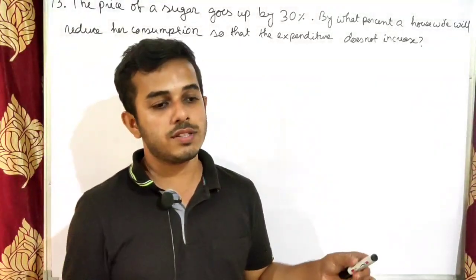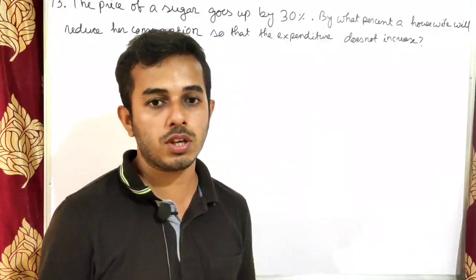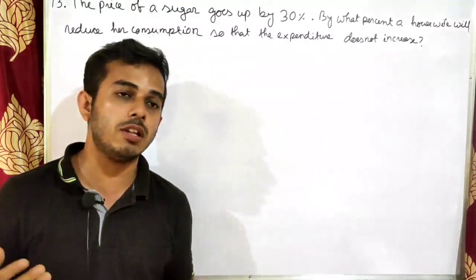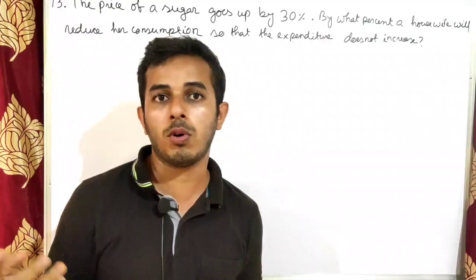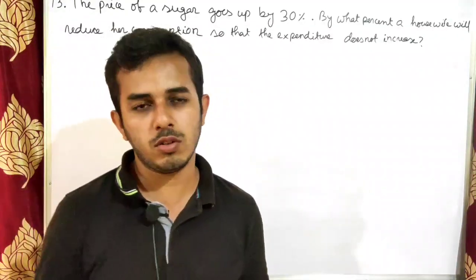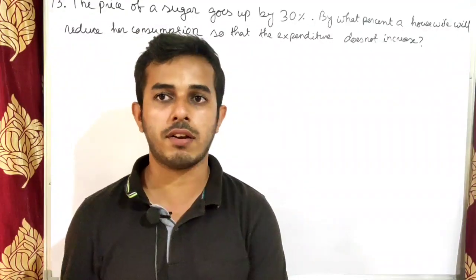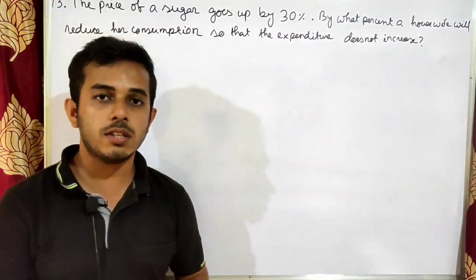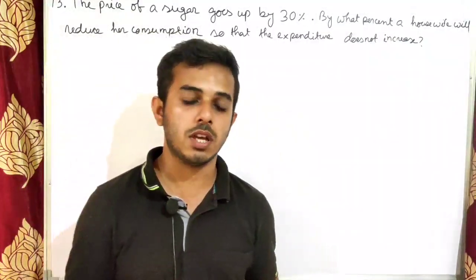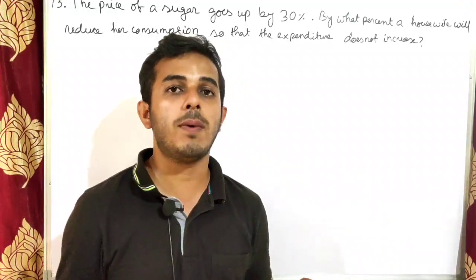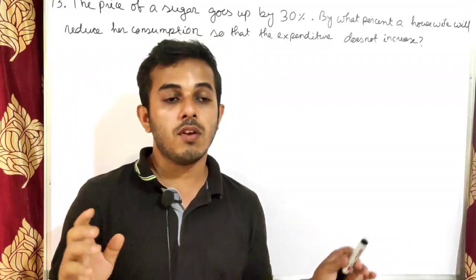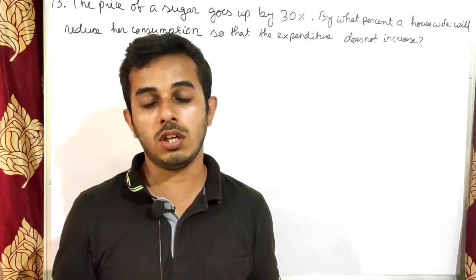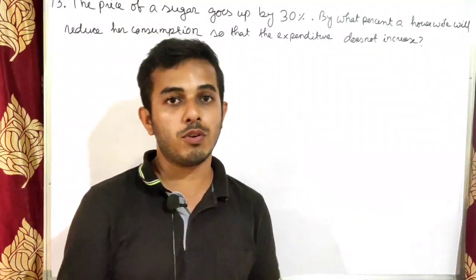For example, you have 100 rupees and every month you buy sugar for rupees 100. Now in this month the price increased by 30%. Now also you have 100 rupees. That means earlier you used to get 1 kg for rupees 100.